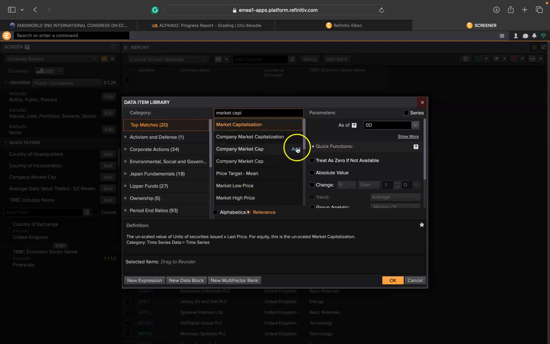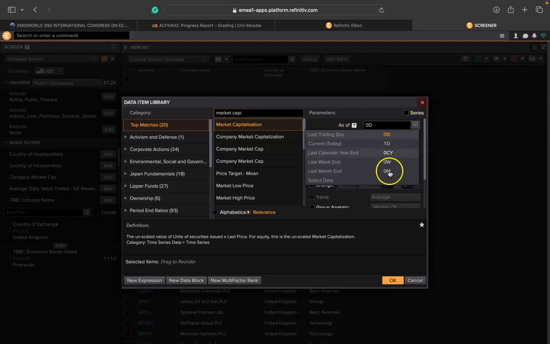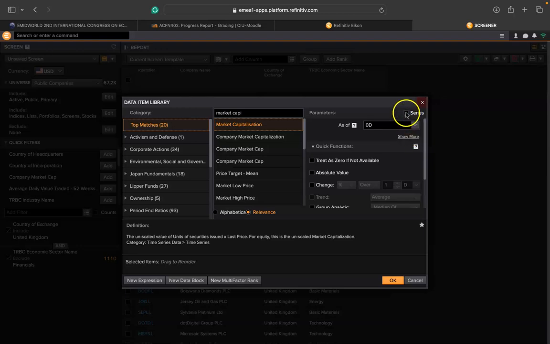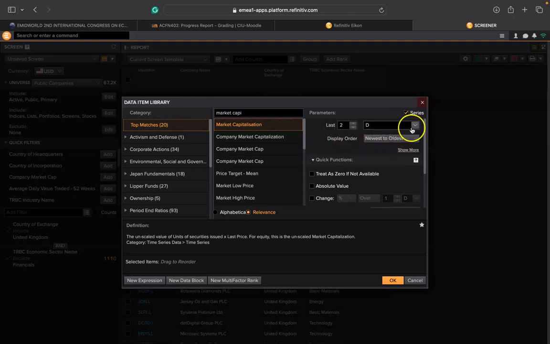When I need this data, I want to have at least a couple of years. Currently it has 0 days, 1 day, and select date, but I want to have a couple of years of data. So I need to go and select series.